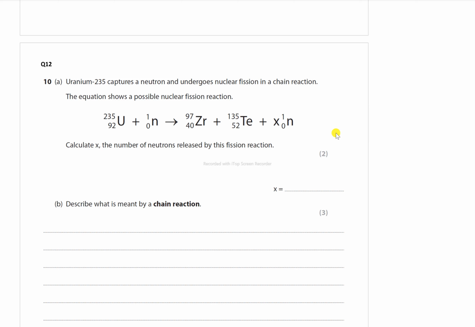Calculate X. So look, we've got 235 plus 1 is 236. So we need this to be 236. So 97 plus 135. Okay, let's do that. 132. So this has to be 4.